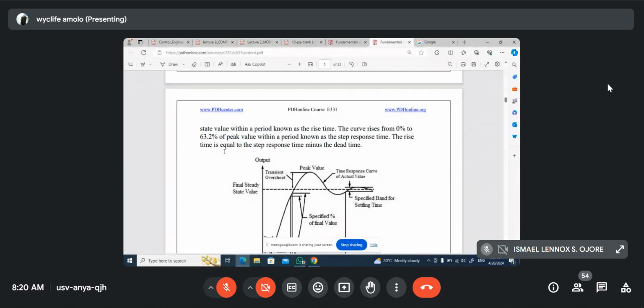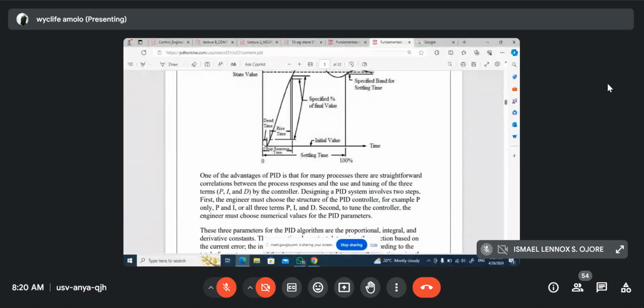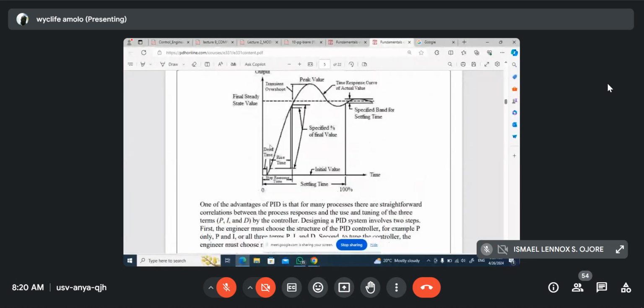Then the rise time is equal to the step response time minus the dead time. So the rise time is almost between 10 to 90%, and the peak value is given there.